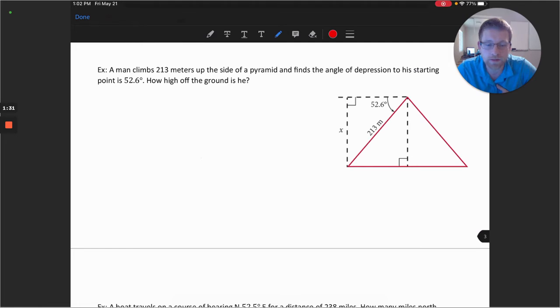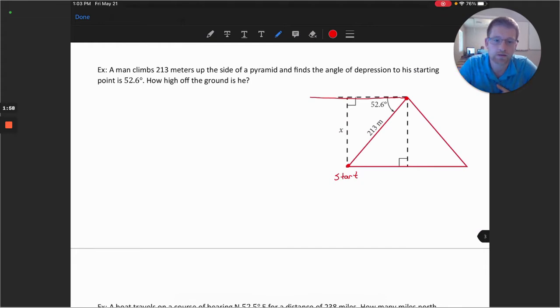So if I'm at the top of this pyramid and I think about the angle of depression towards my starting point, this would again be the angle of depression. There's my horizontal, and the angle of depression is going back down to the line that goes back to my starting point. That was my current spot, that's my start.